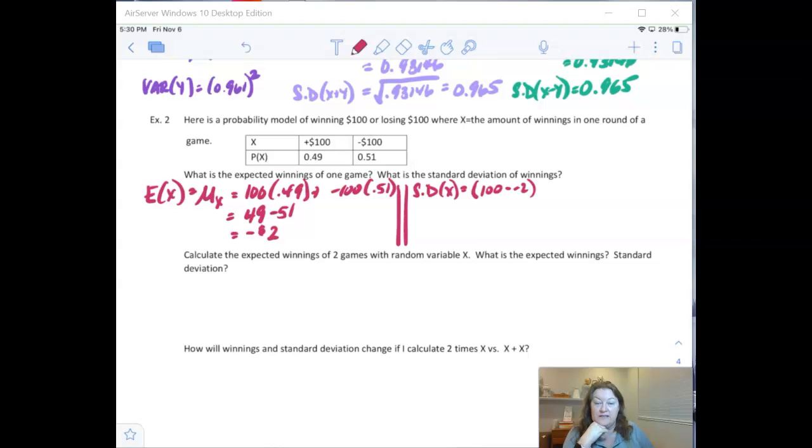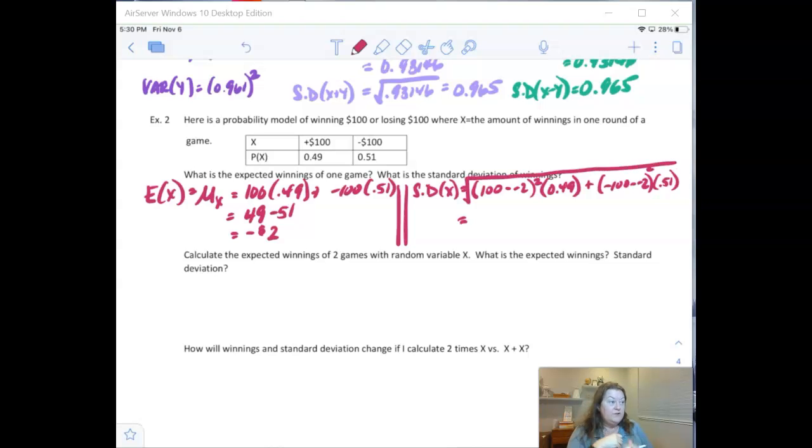That's going to turn into a plus 2. Okay, and then I square that and I weight it according to the probability. So this one only gets 49%. Then I do the same thing with the other one, which is negative 100 minus a negative 2 squared, and that's going to get multiplied by 51%. And then those are the variances, right? And then I'm going to take the square root of the whole thing.